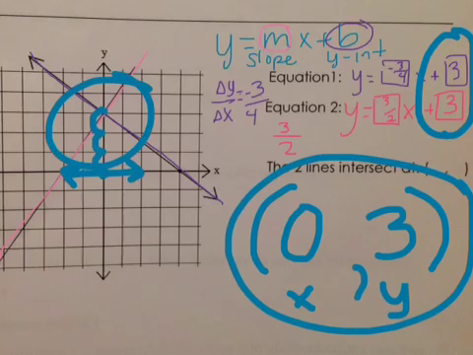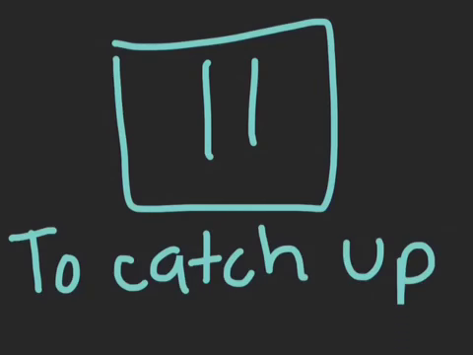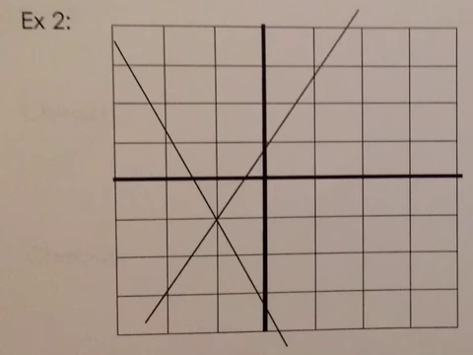Okay, so we're going to do example 2. Now example 2, I'm going to do a tiny bit differently. We're going to find the place that the two lines intersect, and then I want you to write the equation on your own for example 2, and you can do that after we find the intersection.